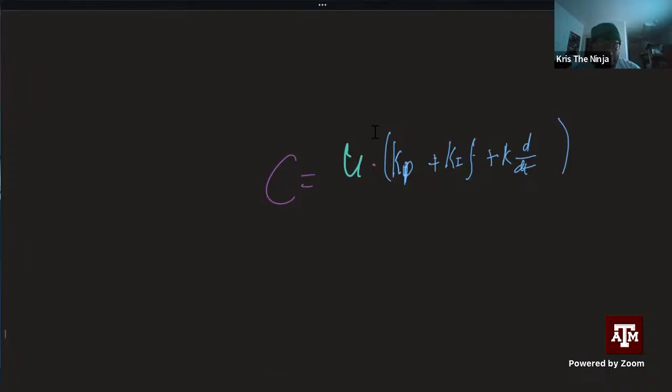Let me try to find that. Give me just a second to find the breakdown of where that thing is. There's a way to find the transfer function really, really easily.